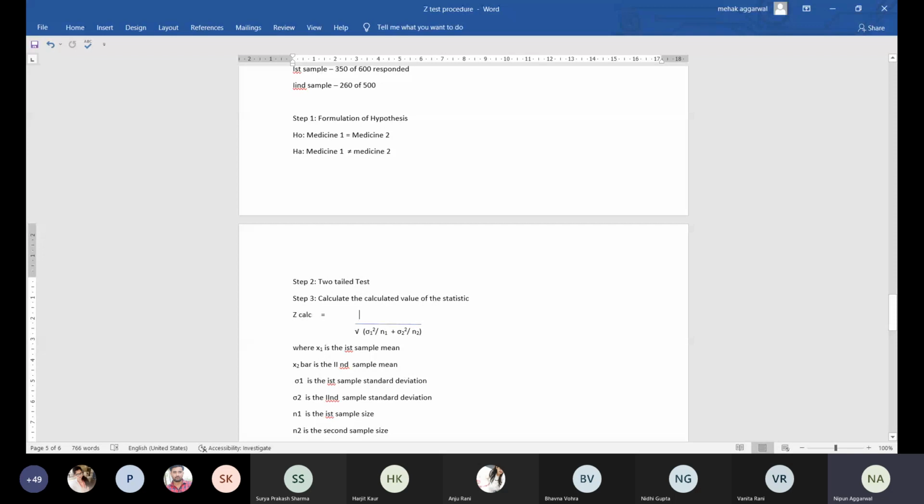It is P1 minus P2 divided by the square root of P into 1 minus P into 1 by n1 plus 1 by n2.